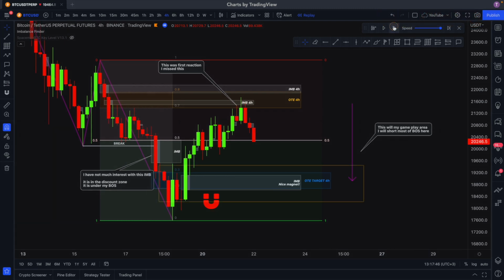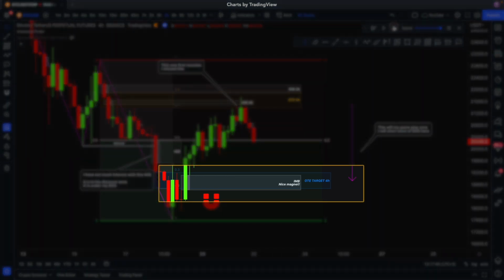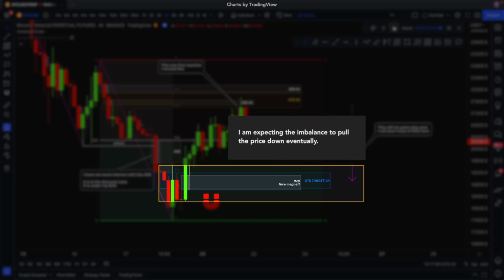Okay, as you can see, a great imbalance appeared below. A great magnet for short bias. Plus, it's supported by 0.2 and 0.3 OTE target, which I take partial profits from.